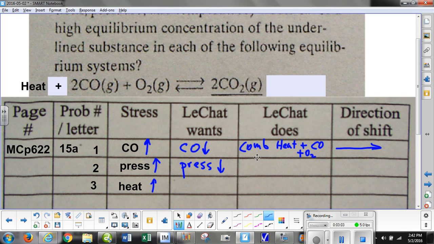Okay, he's going to go to the side with more moles or less moles? More. Not less, because he wants pressure to go down. Very good. Okay, so he wants the pressure to go down, so he's going to shift to the side with fewer moles.